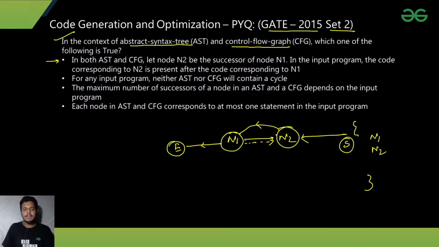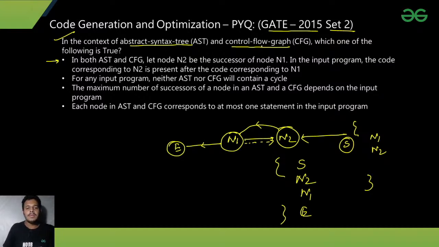In this way N2 is the successor of N1, but if you see the code flow, it starts from the starting symbol S, then goes to N2, then N1, and then it ends.